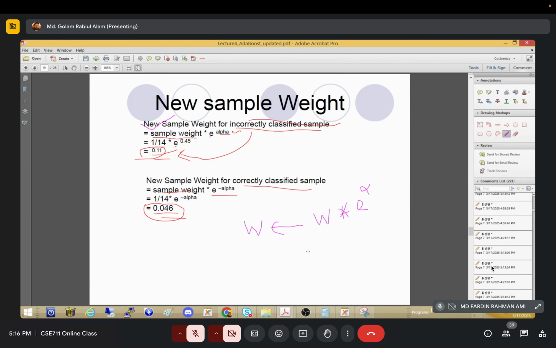We know that the weight of misclassified instances, in all the cases, is 1 by 14 times e to the power alpha, where alpha is 0.45.